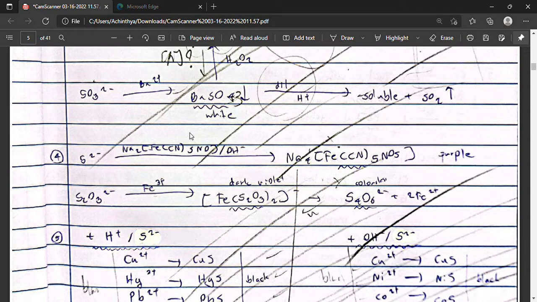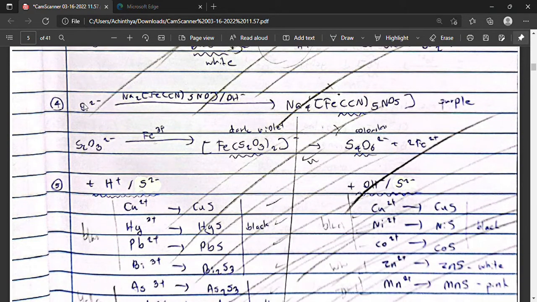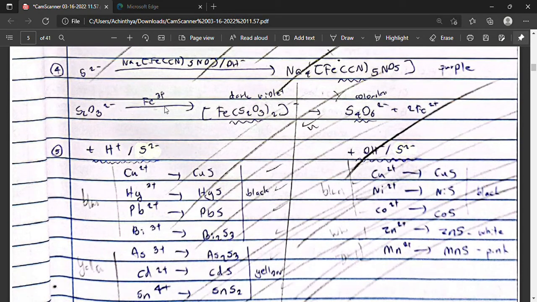This is a special reaction for determining the presence of sulfides in a solution by adding sodium nitroprusside in basic medium.